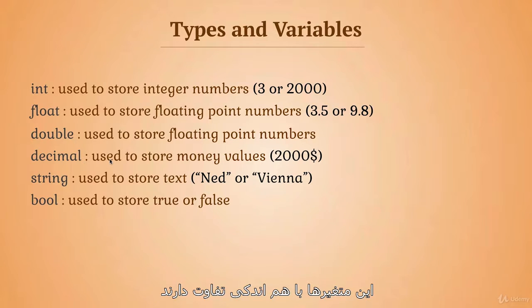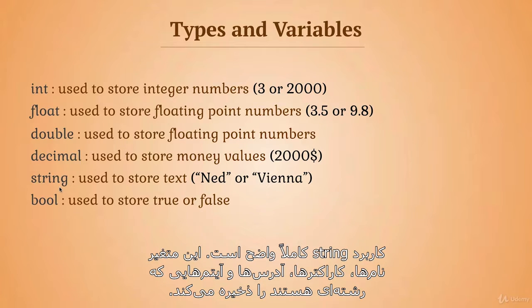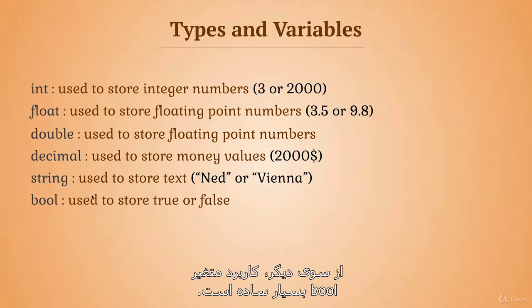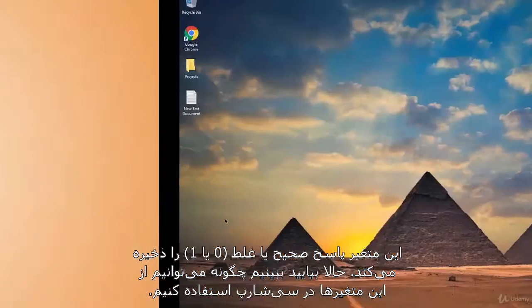There are small differences between them, and we'll also discuss that, but the three of them store floating point numbers. String is very obvious: it's storing names or characters or addresses or anything that's a string. Boolean, on the other hand, is very simple. It's storing either a true or false, a 0 or 1 value. Now let's go ahead and see how we can do this in C#.